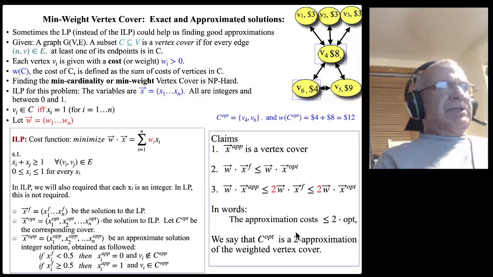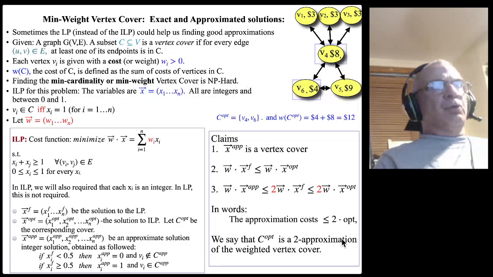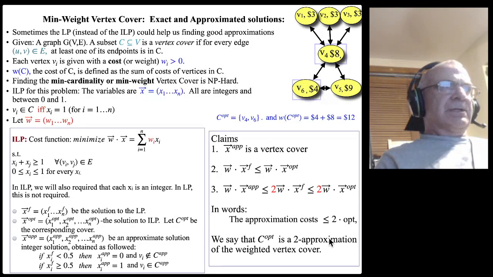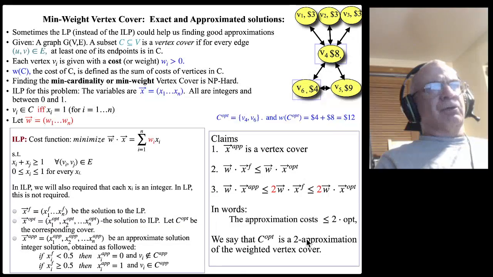Also worth mentioning that what we are getting is a 2 approximation, a solution that is not optimum, but no more than twice the optimum. We'll abbreviate it to say it's a 2 approximation of the weighted vertex cover problem.